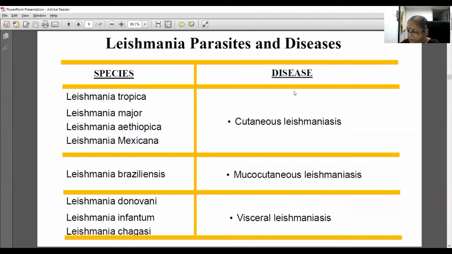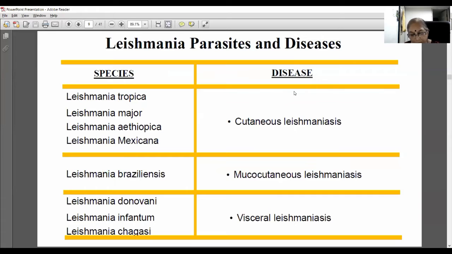Now Leishmania donovani, Leishmania infantum, Leishmania chagasi are usually found in the Middle East, Africa, Indian subcontinent, and Southeast Asia.